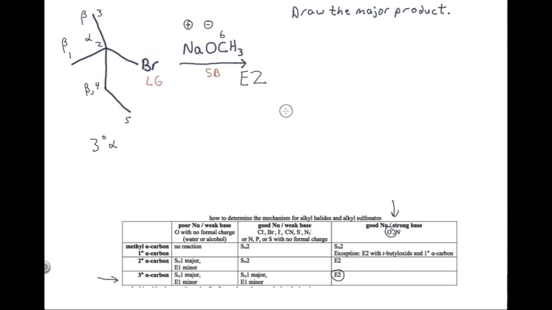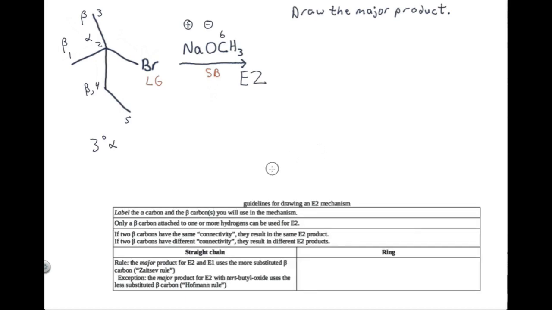Now the problem asked us not for all the products, but just for the major product. So we have to decide which of those beta carbons will give us the major product. Well, we can use the rule that we just learned. The major product comes from using the more substituted beta carbon, and carbon 4 is more substituted.